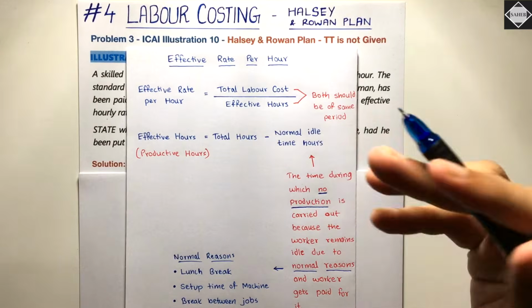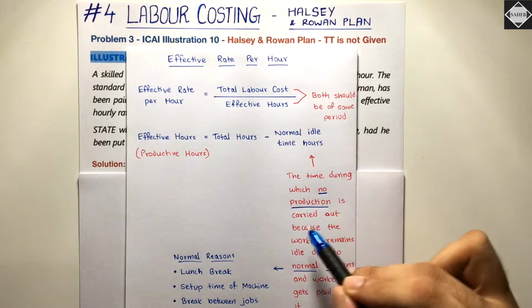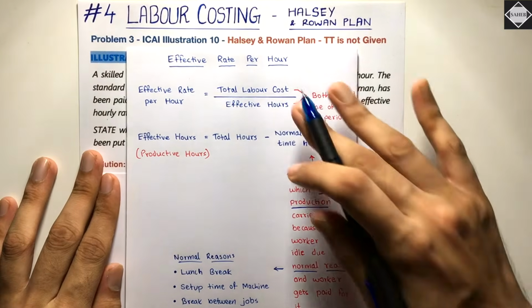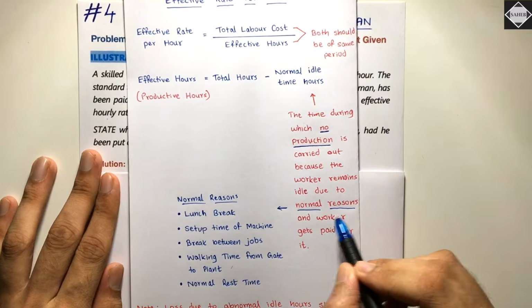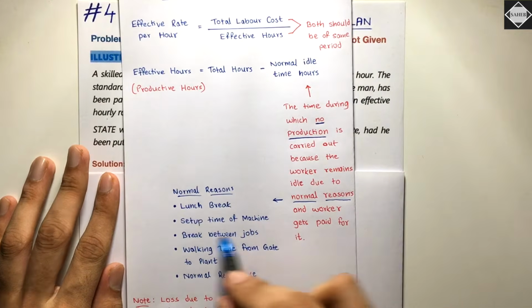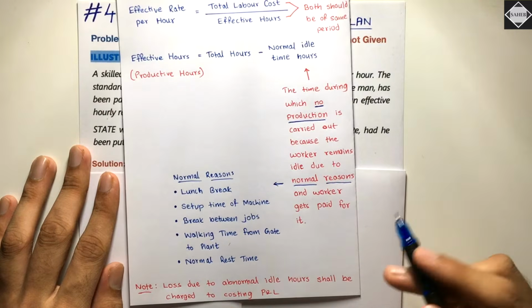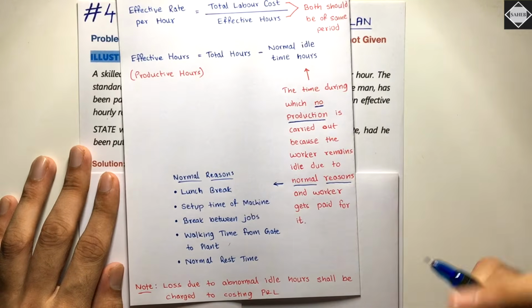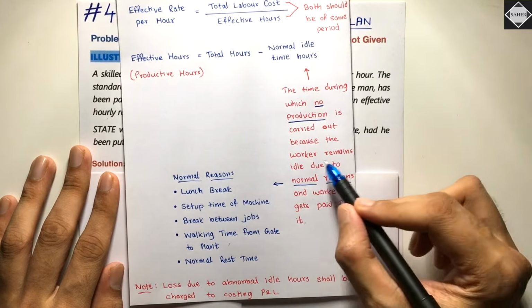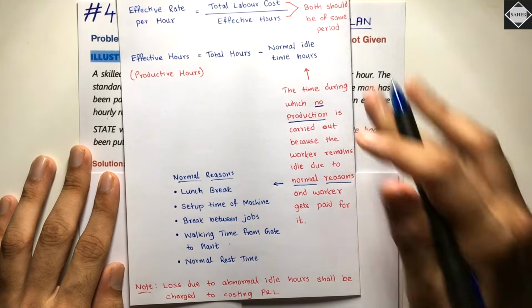It is the time during which no production is carried out because the worker remains idle due to normal reasons such as lunch break, setup time of machine, break between jobs, walking time from gate to the plant, normal rest time. Because of this, the worker is idle, not working, and the worker is getting paid for it.